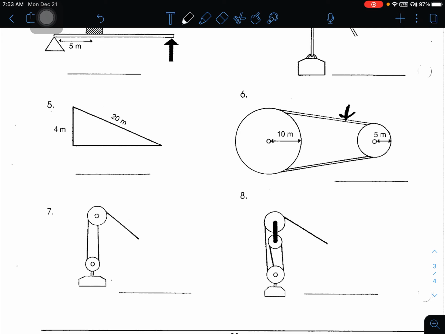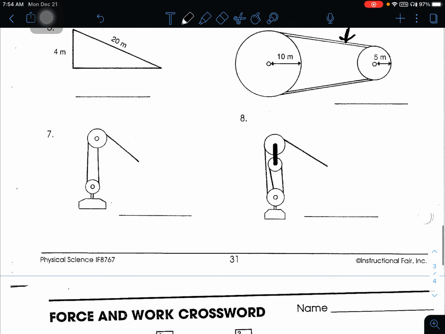Gears and things like that on bicycles, gears in car transmissions function on wheel and axle systems. Sometimes the gears are meshed together, with teeth in the gear that hook up with the teeth on the other gear when they're right next to each other and they turn together. And sometimes they're hooked together with a belt or a cable of some sort, like in this picture, but they still function that way. And we have some pulley systems here.